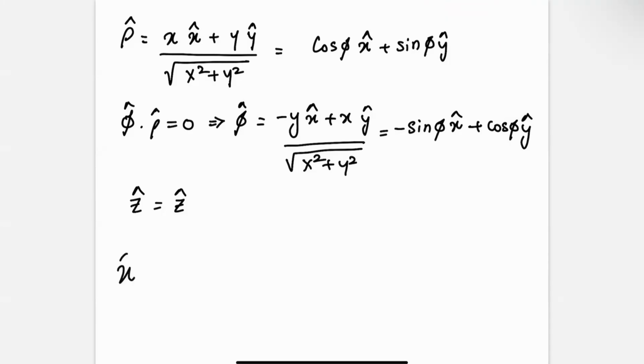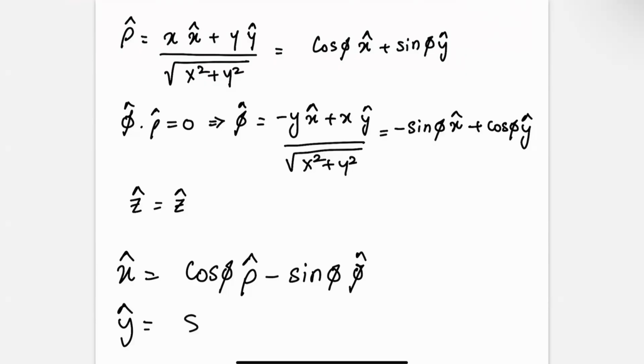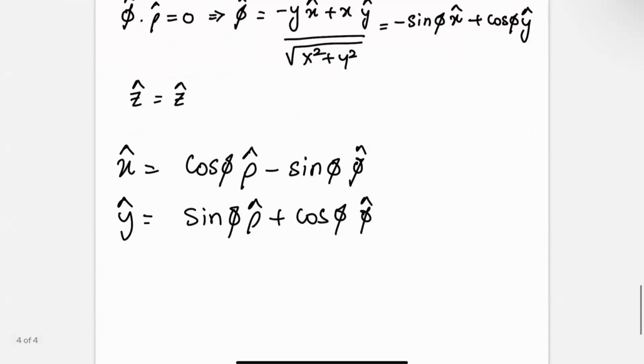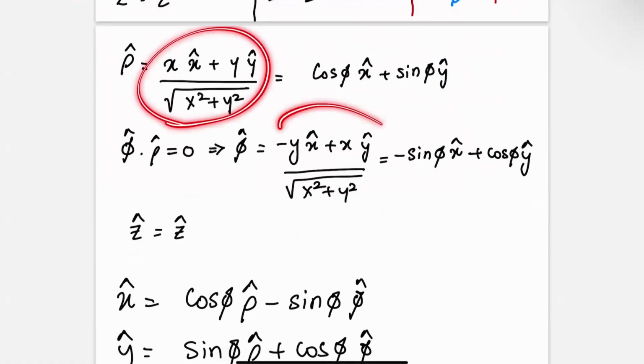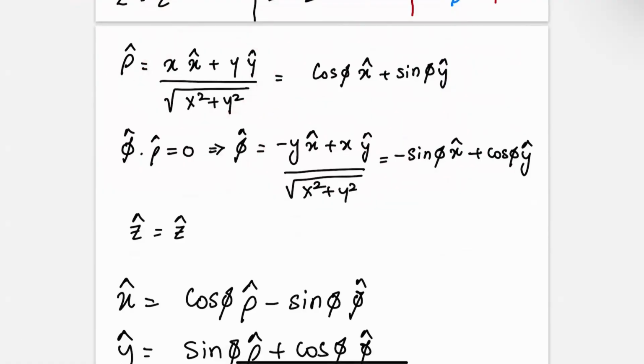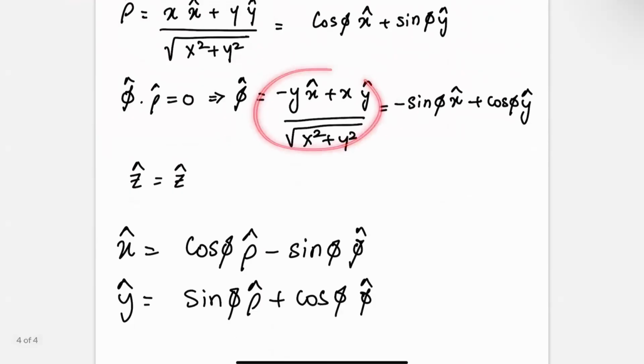So it's fairly easy to see that x hat is nothing but cosine phi rho hat minus sine phi phi hat. Y hat is sine phi rho hat plus cosine phi phi hat. And you can do the same thing even with this and this relationship. So multiply with y on top, multiply this with x, then add and subtract.